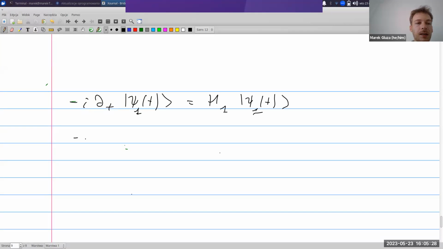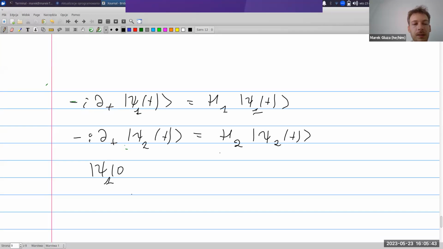And I have also another evolution, i d/dt psi2 is equal to H2 psi2. And I'm forcing them to be the same at the initial time.